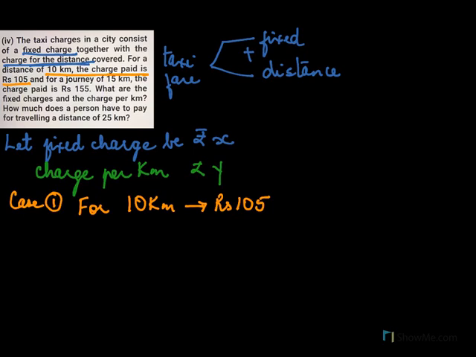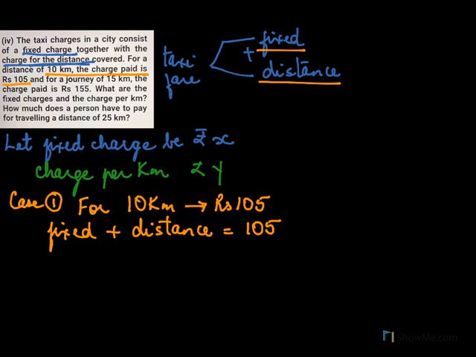First he has to pay a fixed charge plus for the distance. This together will be 105. Now we know the fixed part, we have already taken it as X.